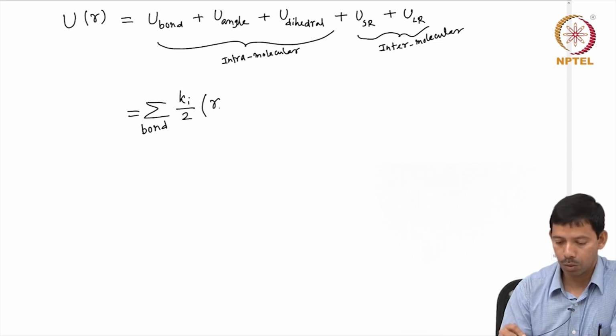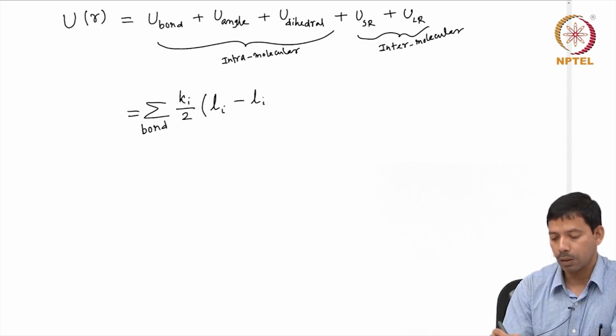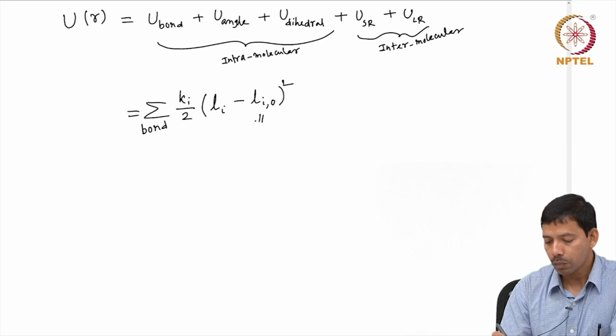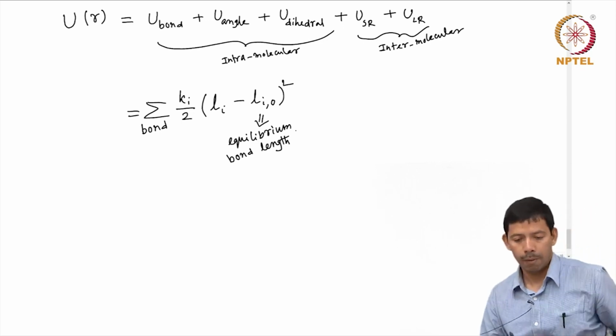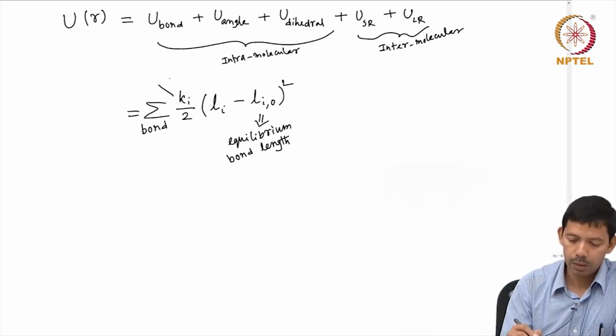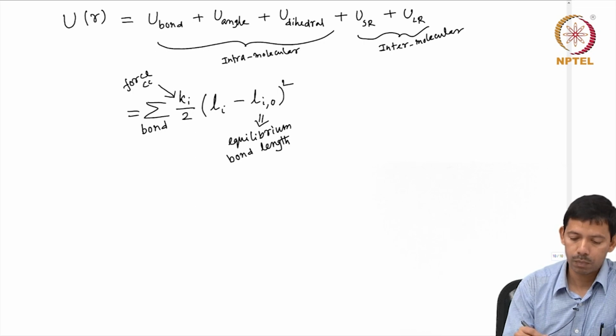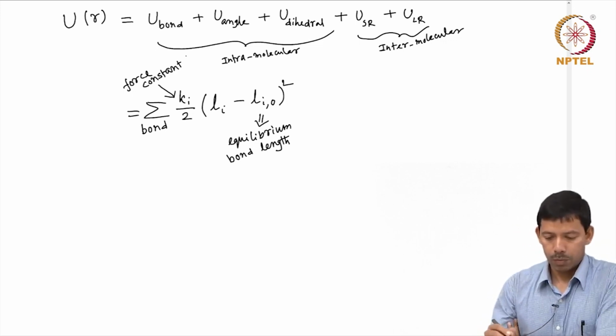Sorry, not R, not to confuse you, I would say Li minus Li0, where this is the equilibrium bond length, and Ki is the force constant. So, this is over all bonds.